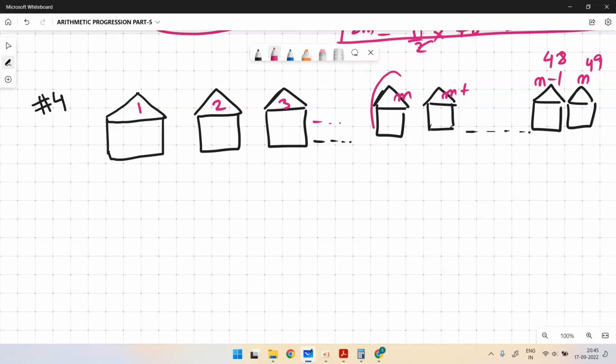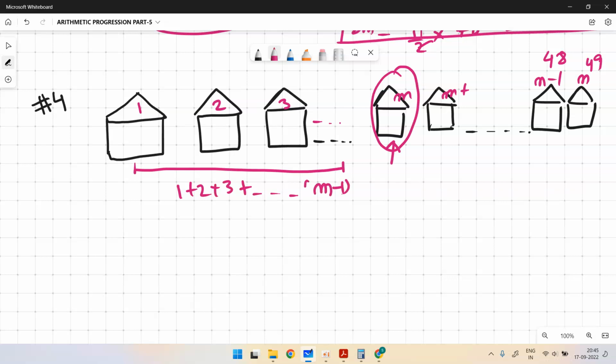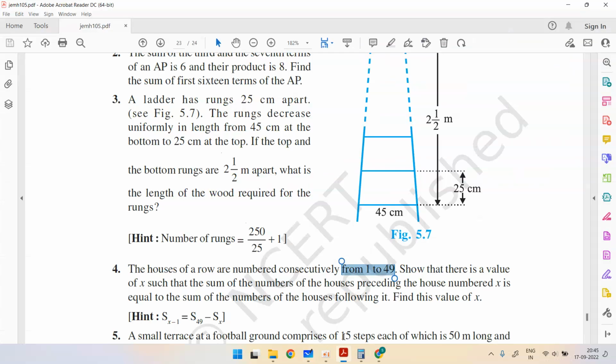Now you need to find this value of n, the nth house, such that the sum of the numbers preceding it, that is 1 plus 2 plus 3 till n minus 1, is equal to the sum of the houses following it, that is n plus 1 plus n plus 2 till 48 plus 49. You need to find such a house number x so that the sum of the house numbers preceding it is equal to this.